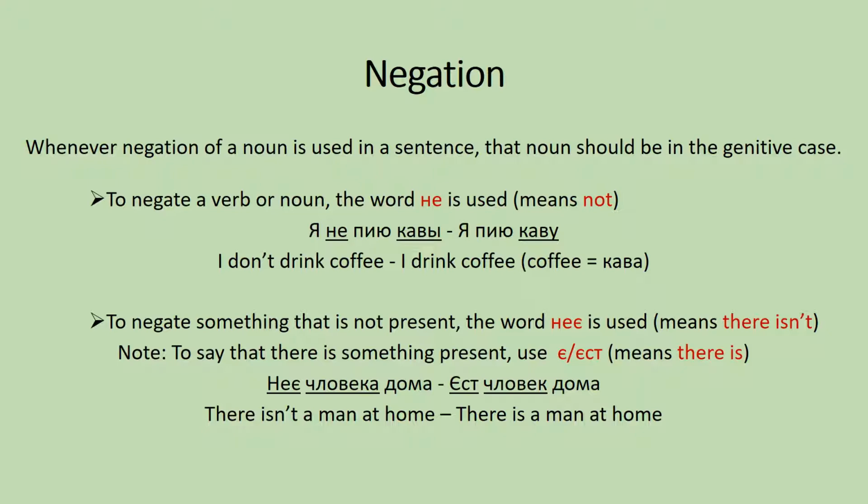Człowieka is in the genitive case. And we will compare this with there is a man at home. Jest człowiek doma. Człowiek is in the nominative case.